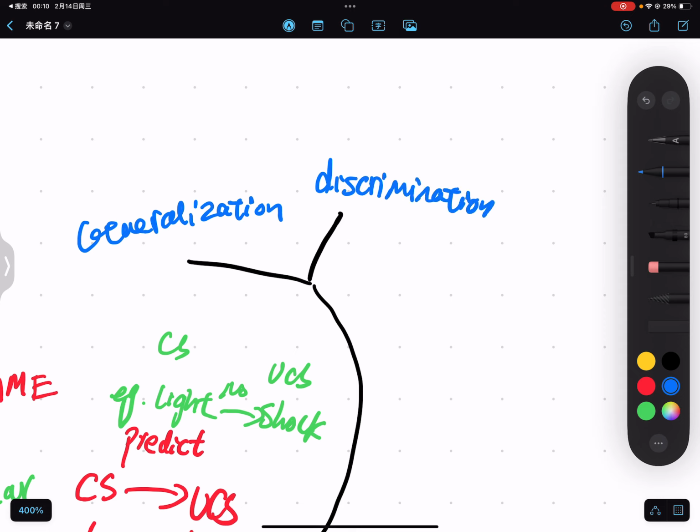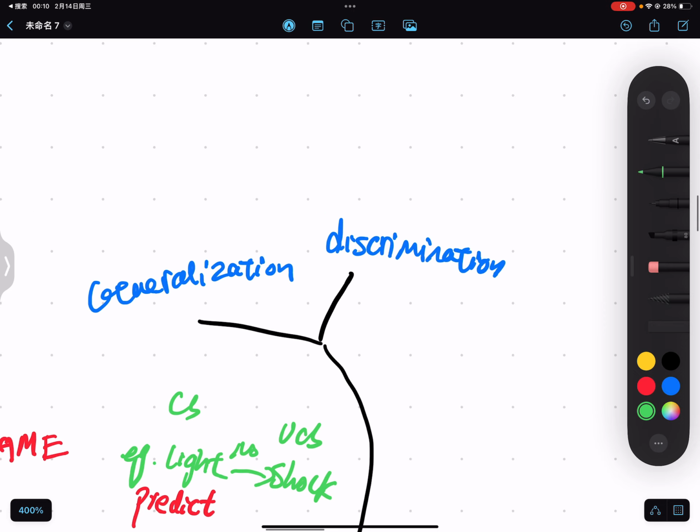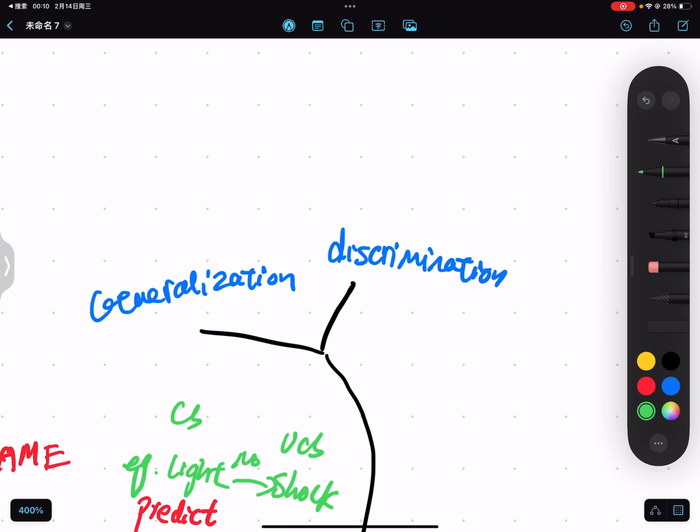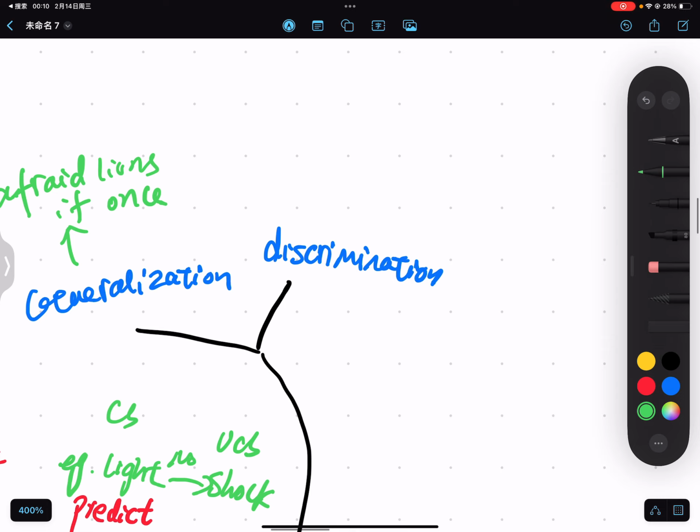So generalization is like if you have been stung by bees, you are afraid of yellow jackets, and if an animal has been bitten by a lion, it is afraid of all lions. So you will generalize that all lions are dangerous like the lion that bit you, and discrimination is the total opposite.